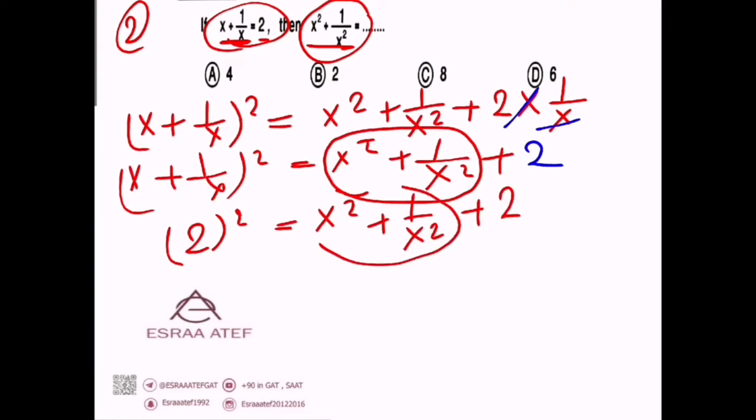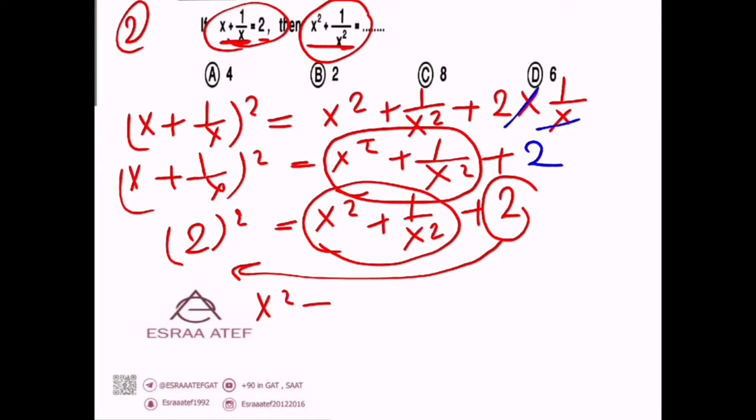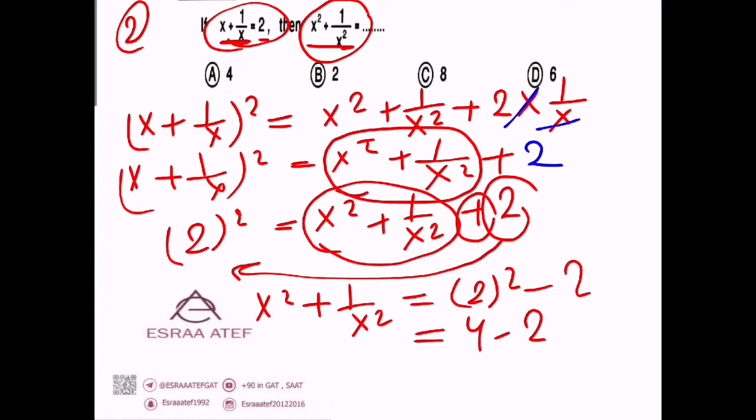Now we can get the value of this by taking the numbers with each other, so x squared plus 1 over x squared equals 2 squared minus 2. We take the 2 with a negative sign because it's positive, so 4 minus 2 equals 2, so the answer will be 2.